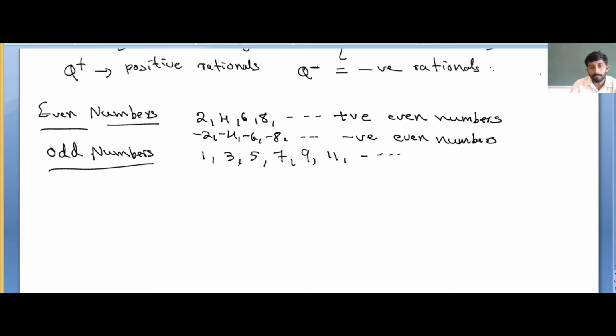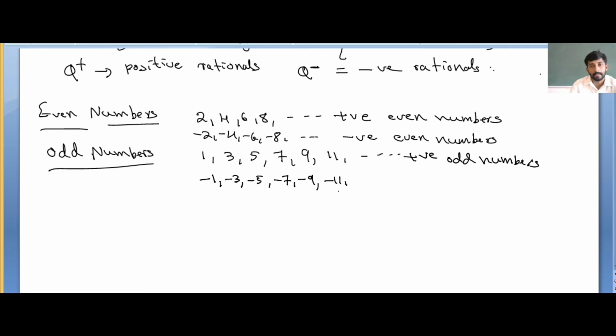Then observe here, plus 1, plus 3, plus 5, plus 7, plus 9, plus 11. All these numbers are positive numbers, right? So we call them positive odd numbers. Then how to write negative odd numbers? That is minus 1, minus 3, minus 5, minus 7, minus 9, minus 11, up to infinity.